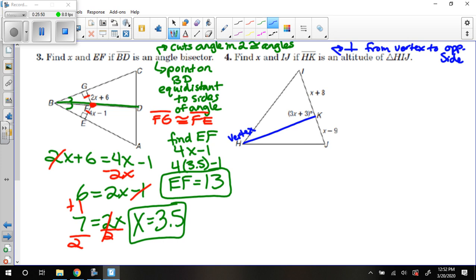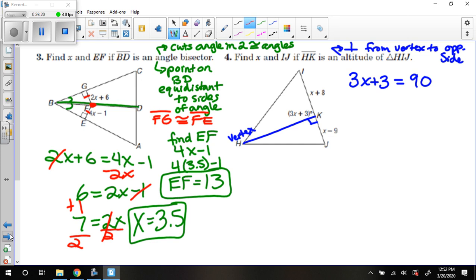So since it's perpendicular, I know I have a right angle, which means I also have a right angle on the other side where that 3x plus 3 is. So I can set this equal to 90 degrees because that's what a right angle makes.